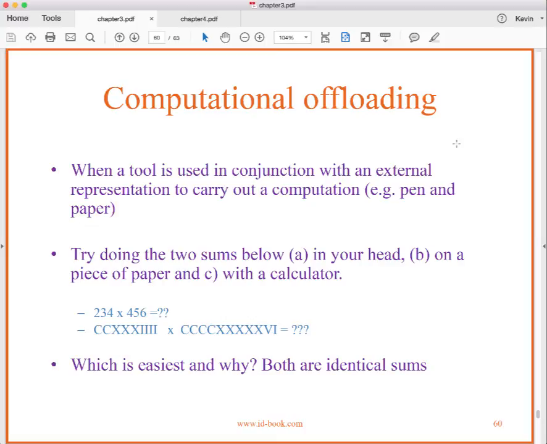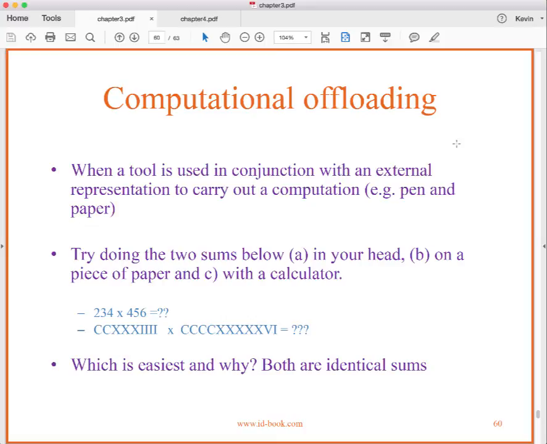Another thing that we can do, and we do it quite often, is computational offloading. This is when a tool is used in conjunction with an external representation to carry out a computation. It could be a pen and paper, it could be a calculator, it could be an app that runs on your smartphone or on your laptop. And they say, try doing these two sums below.